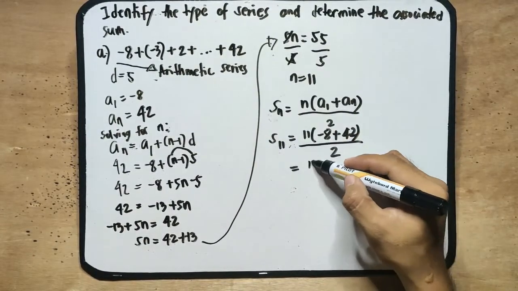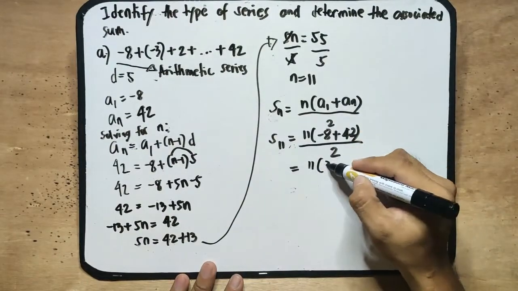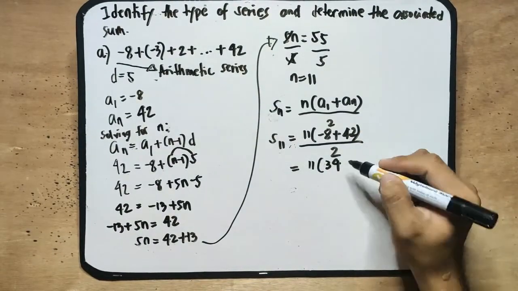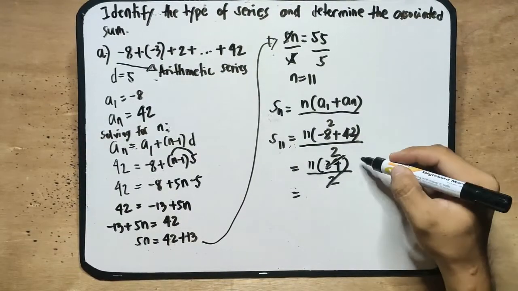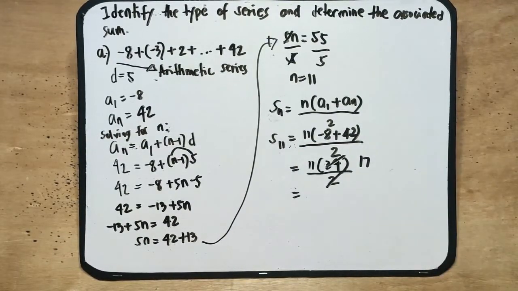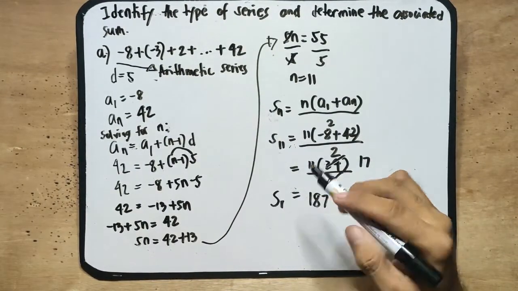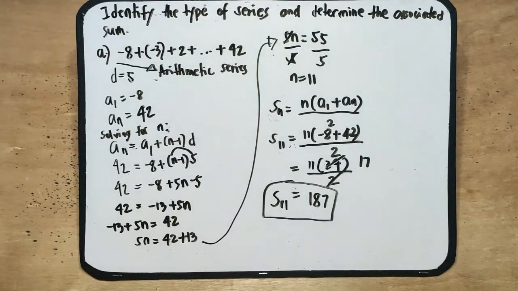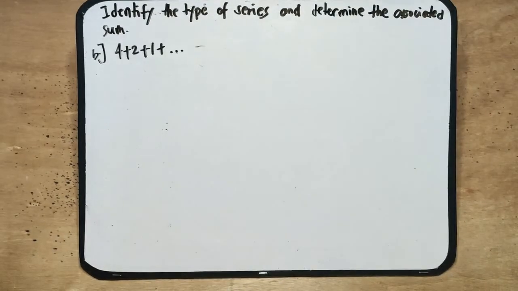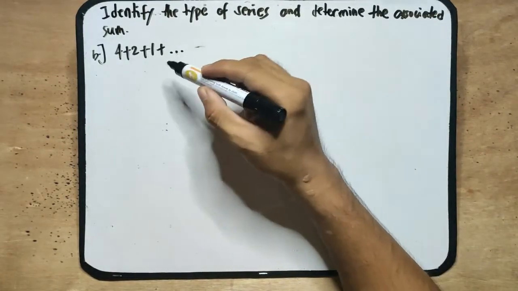That will be 42 minus 8, that is 34, all over 2. So 34 divided by 2 is 17. 17 times 11 is 187. So therefore, the associated sum is 187.